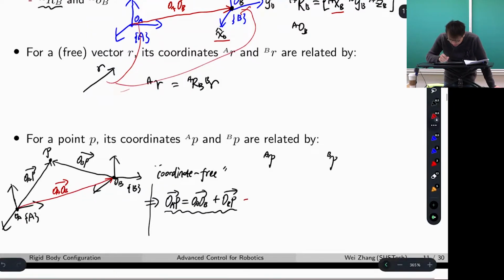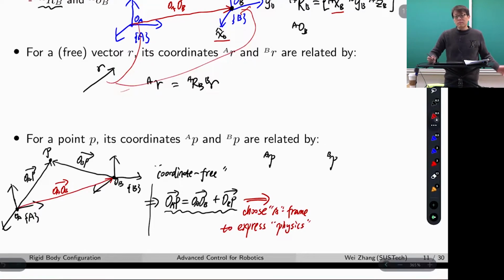All right, so let's choose the A frame to express this. I abused the term physics a little bit, so I don't think it's physics anyway. It's a simple geometric fact.